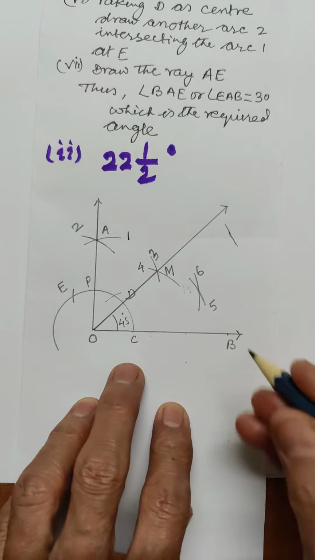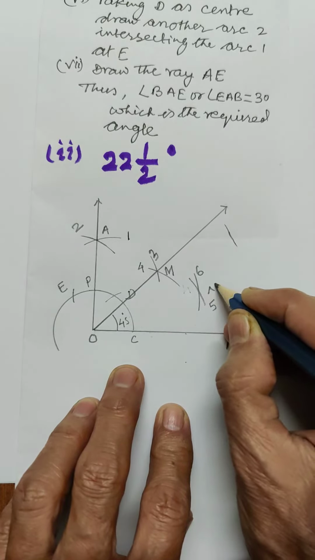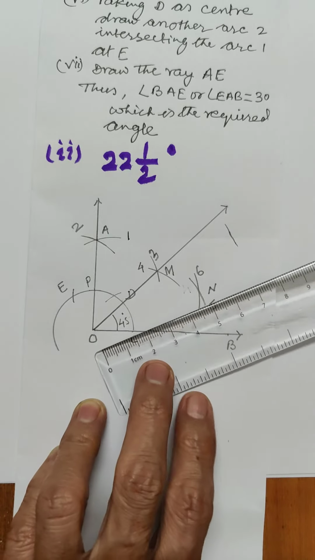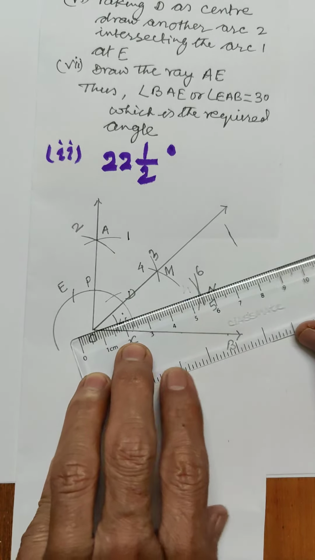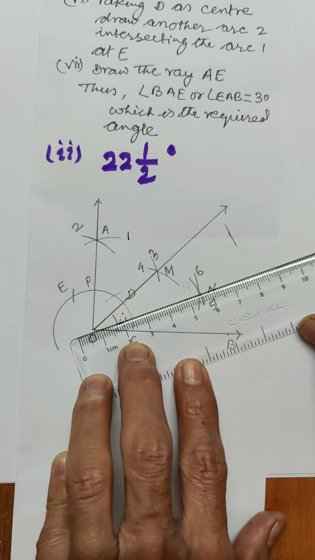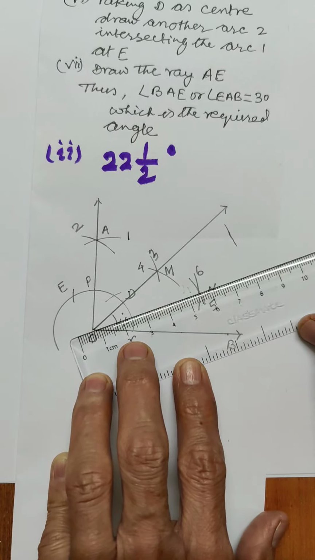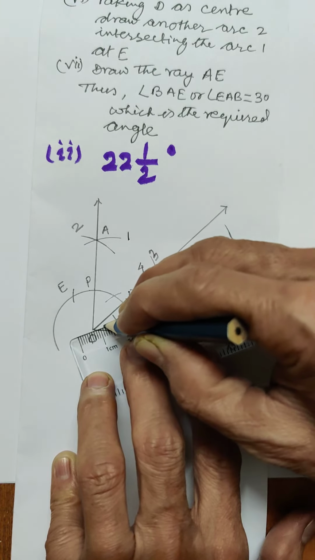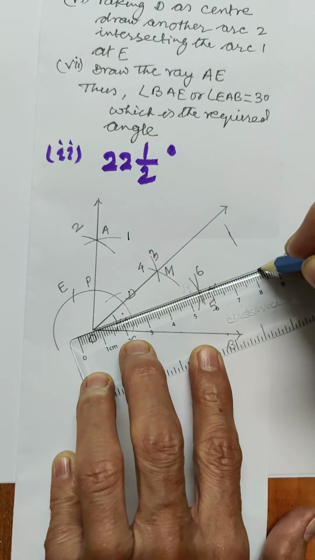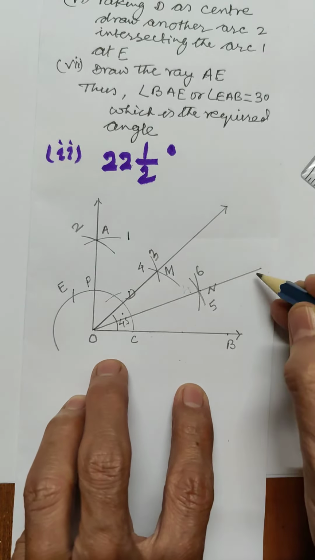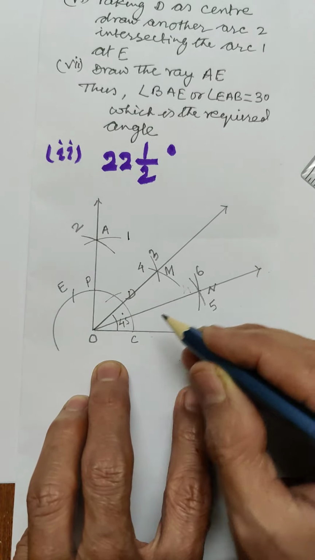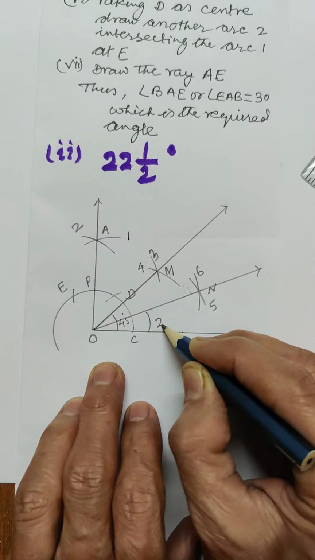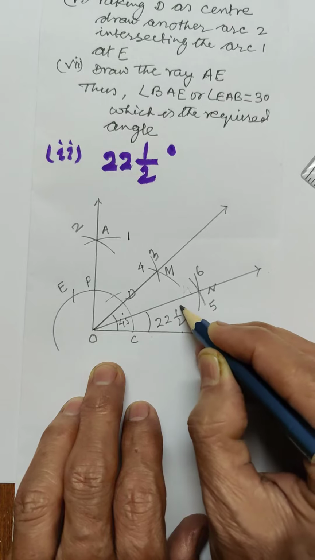Say they intersect at point N. Now join N to O, or draw a ray passing through NO. This way, NOB is 22.5 degree angle.